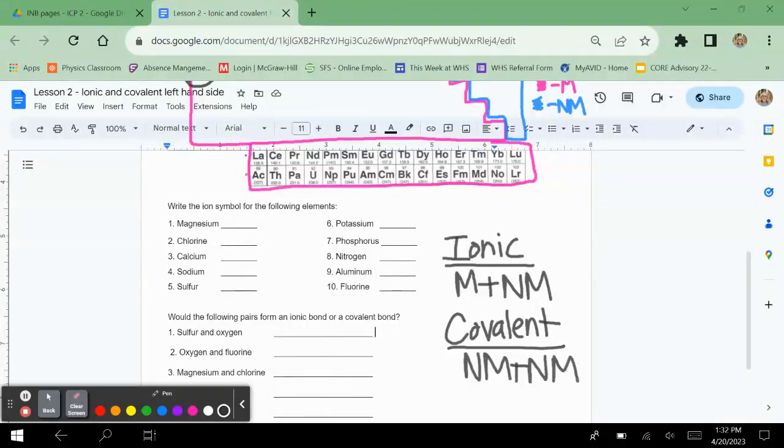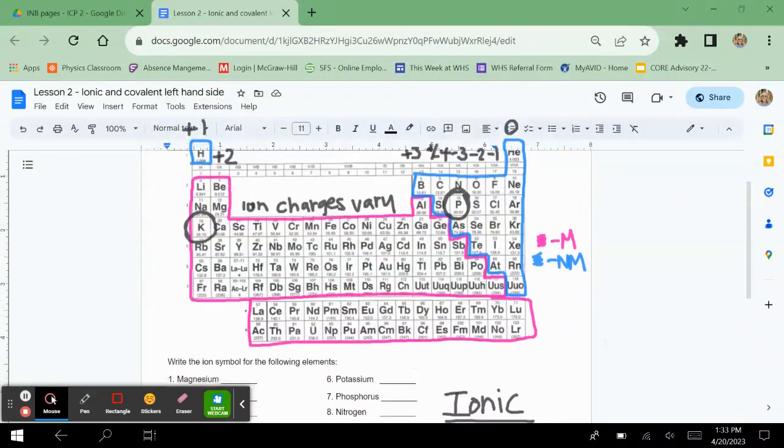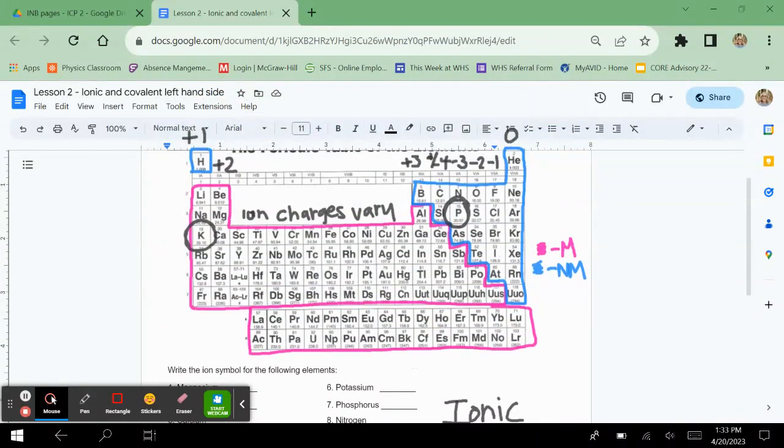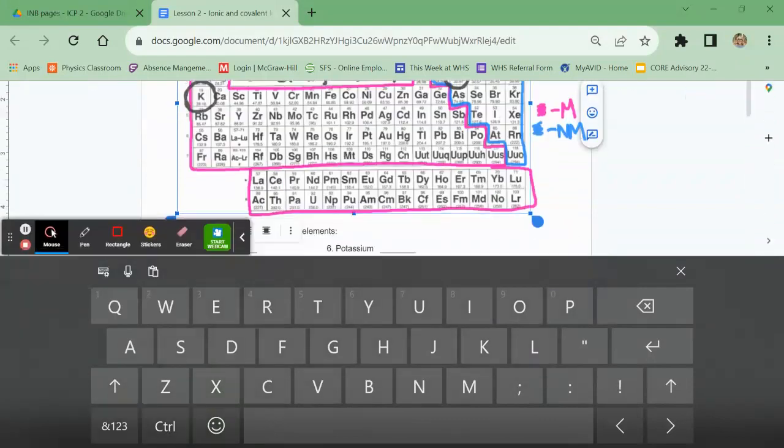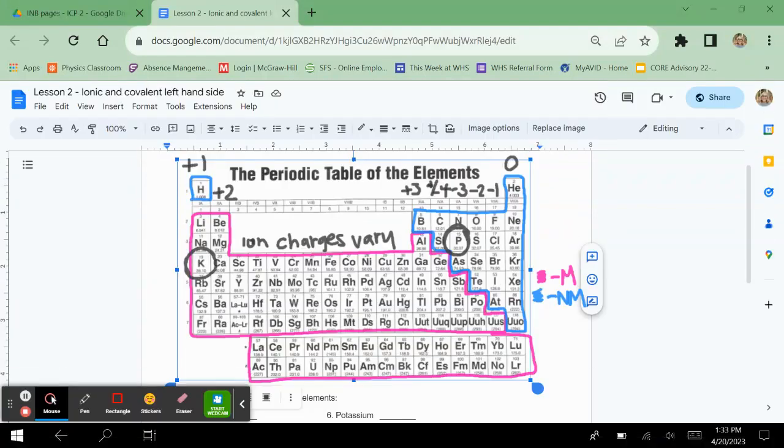So what you're going to do is take the two colors you started with at the beginning, which mine were pink and blue, and look at those two elements. The first ones here are sulfur and oxygen. So I'm going to go up and look for sulfur. We can see sulfur is right there on our periodic table, and oxygen is right there on our periodic table. Okay.